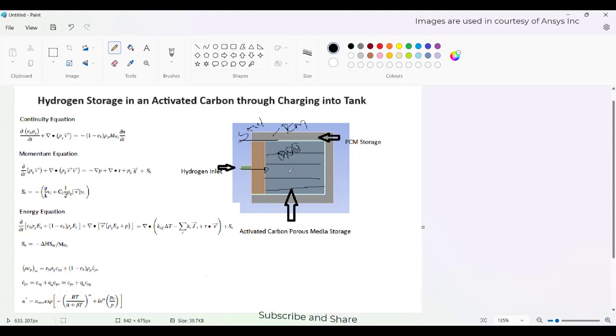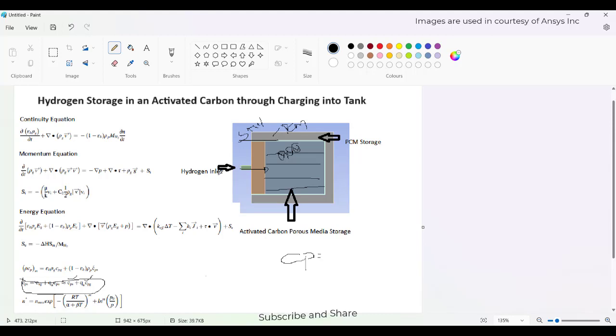Because the hydrogen is adsorbed, the porosity decreases, and the specific heat capacity Cp is no more the Cp of carbon, it is the Cp of hydrogen plus carbon. This specific heat capacity depends on the solid carbon plus the gaseous form of the hydrogen which is depositing onto the carbon. This is the equation we'll use in ANSYS Fluent for the specific heat capacity.